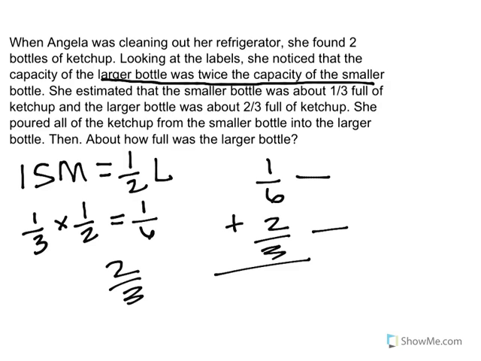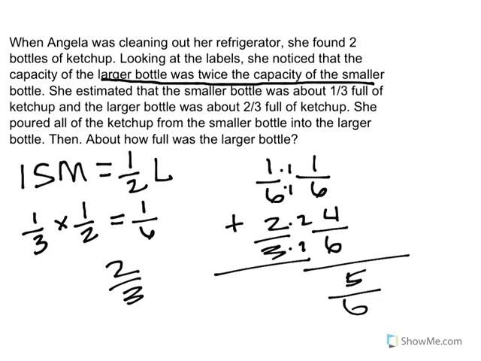So 3 and 6 can both go into 6. 6 goes into 6 one time, so we multiply the top and the bottom by 1. 6 times 1 is 6. 1 times 1 is 1. 3 goes into 6 2 times. 3 times 2 is 6. 2 times 2 is 4. Now we can add: 4 plus 1 is 5 over 6. So when Angela adds the 1/3 from the small bottle to the larger bottle, it is going to be 5/6 full. Now, we can check our work to make sure this is right.